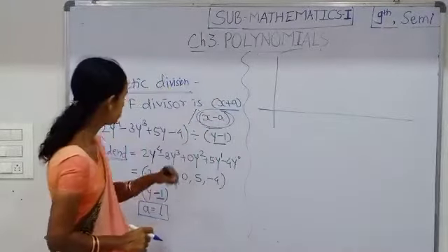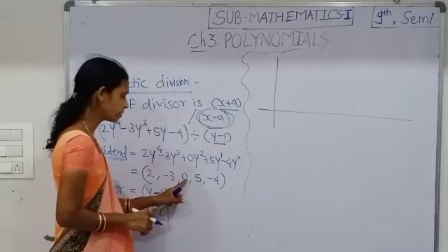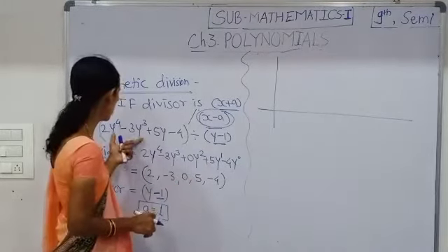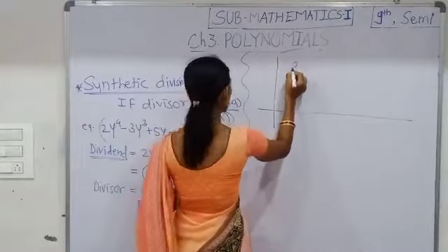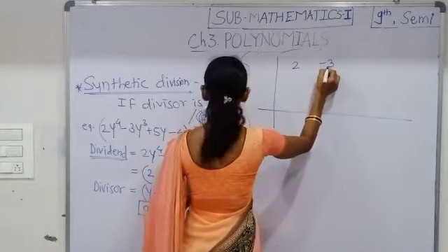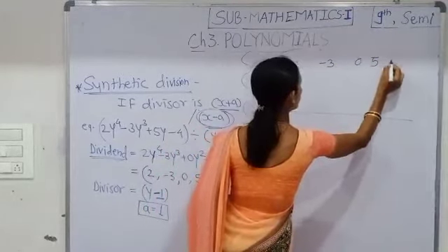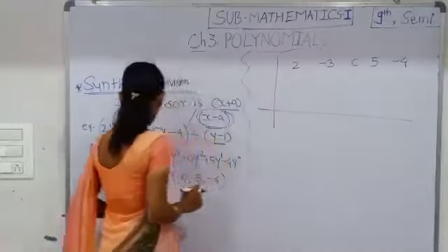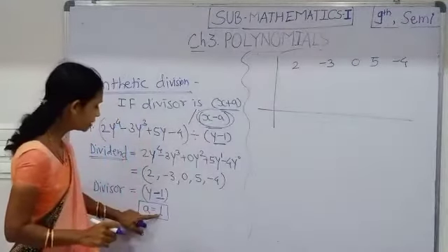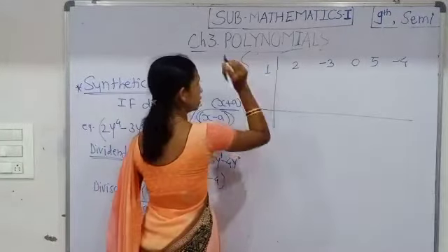First we write the coefficient form of the dividend polynomial: 2, minus 3, 0, 5 and minus 4. The value of a is 1, which is written here.